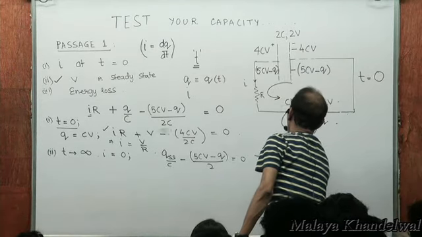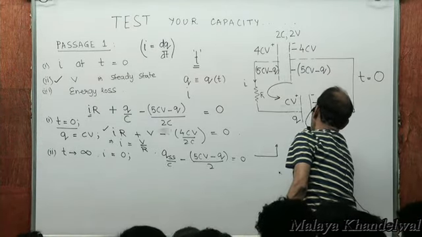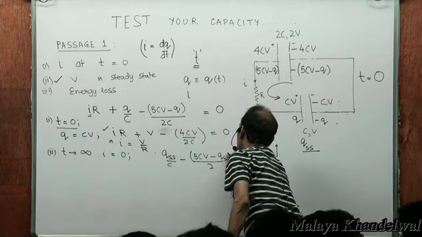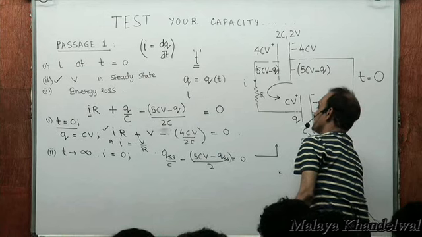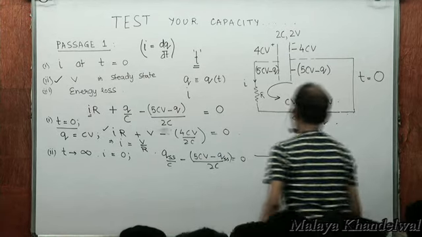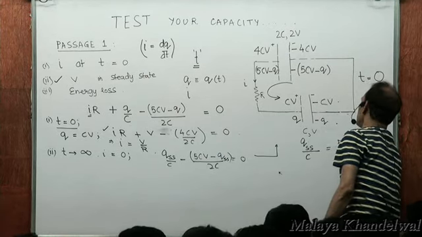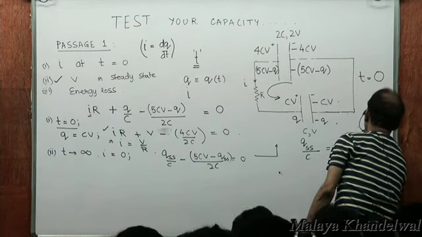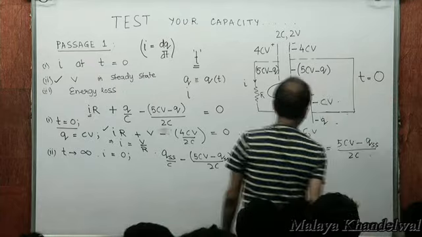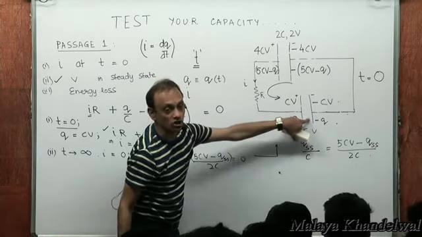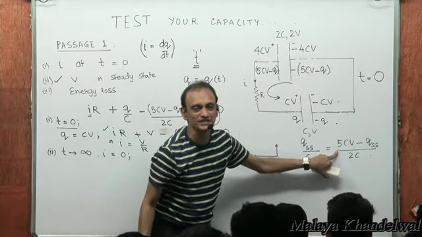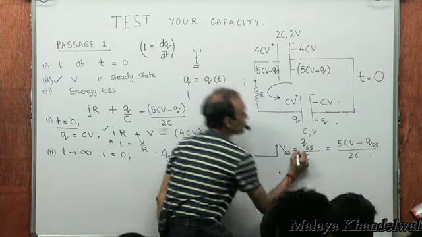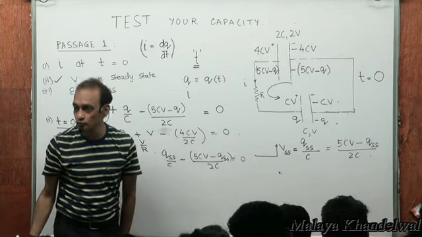So this I could have written as Q steady state divided by C, and this is 2C, equals 5CV minus Q steady state divided by 2C. This will measure the potential difference across one capacitance. This will measure the potential difference across the other capacitance. This would be V steady state across the two capacitors.